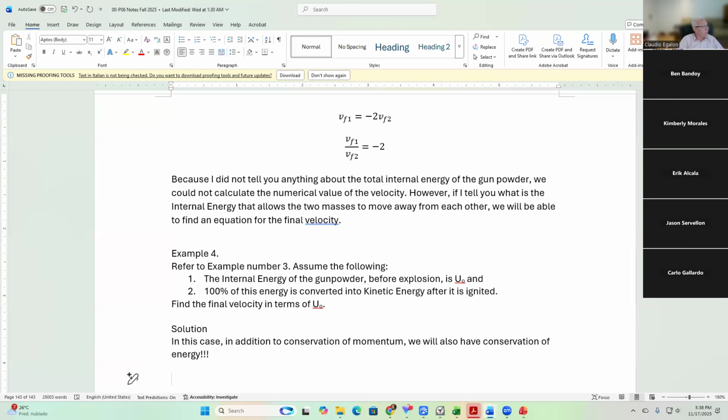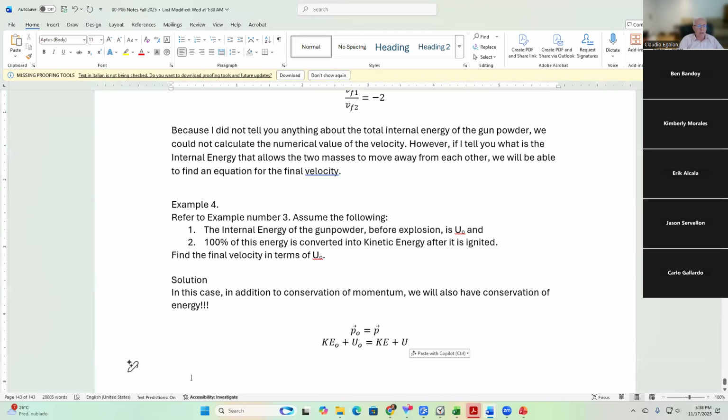So now instead of just one equation for conservation of momentum, we're going to have 2 equations. One vectorial equation for conservation of momentum and another scalar equation for conservation of energy. Okay? So we have, I call that internal energy. It's not potential energy, okay? It's internal energy.